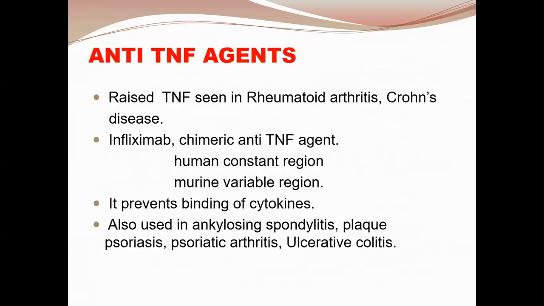So infliximab, which is used in rheumatoid arthritis and Crohn's disease, is a chimeric anti-TNF agent with a constant human region and a variable murine region. It prevents binding of the cytokines. It is also used in ankylosing spondylitis, plaque psoriasis, psoriatic arthritis, and ulcerative colitis.